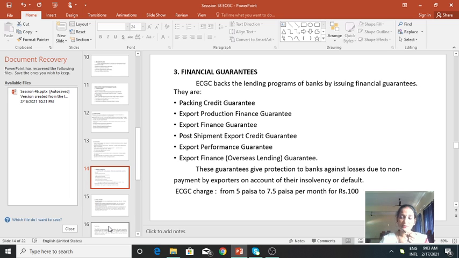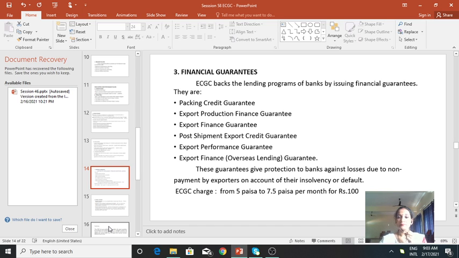If the bank is going to provide finance to the exporter, there can be a possibility that the exporter may not give that money back. So at that time, that guarantee will be given by ECGC to the banks. Here, these guarantees can be packing credit guarantee, export production finance guarantee, export finance guarantee, post-shipment export credit guarantee, export performance guarantee, or export finance overseas lending guarantee.